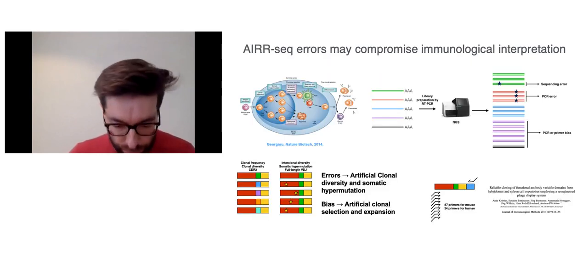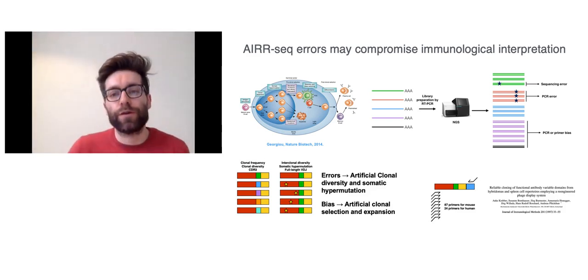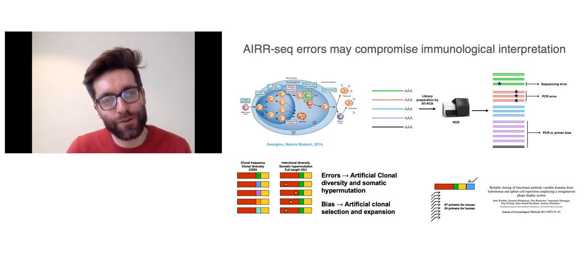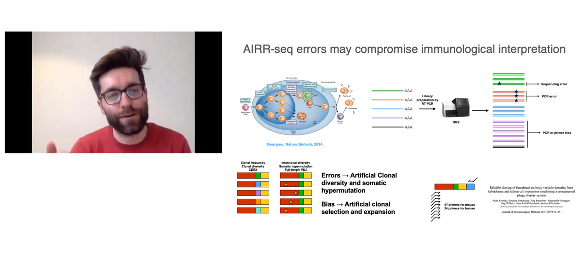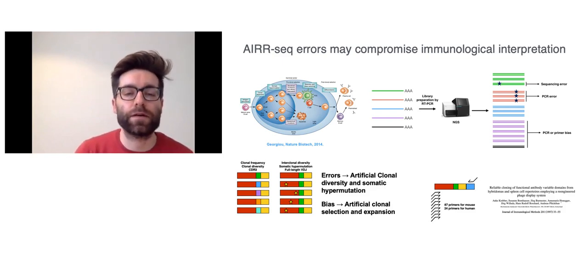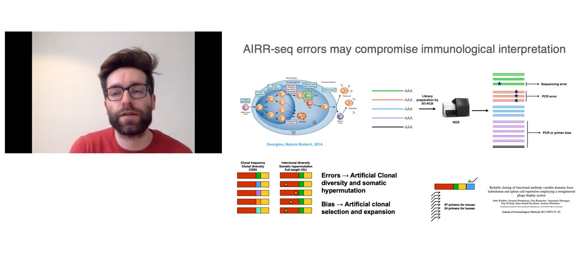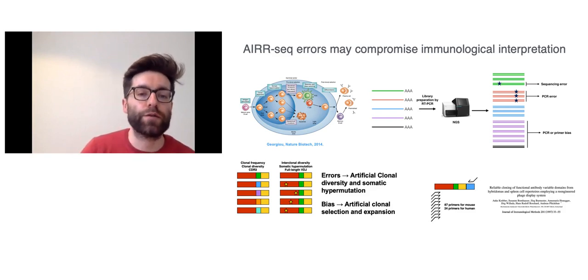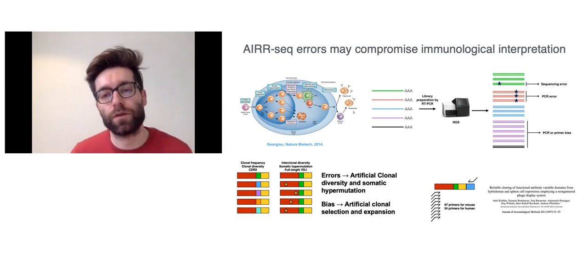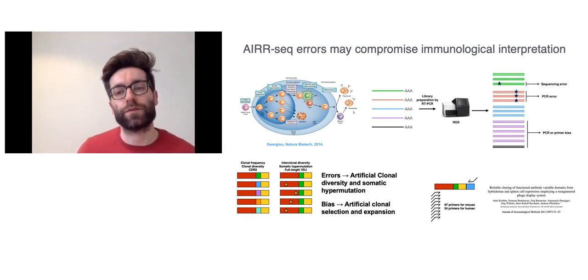So we now come to the UMIs, which is also a very contentious topic in the AIR community. So I will not light more fire here or put more salt into the wound. But the main idea of unique molecular identifiers is that you want to get rid of sequencing and PCR errors, which can happen a lot and which can also bias your data in one direction or the other.